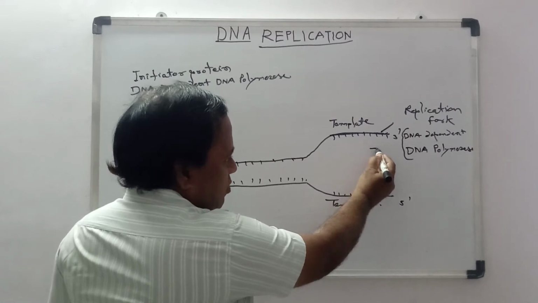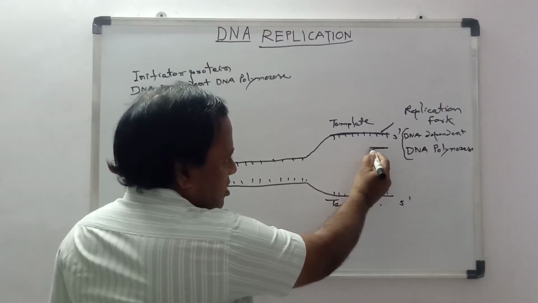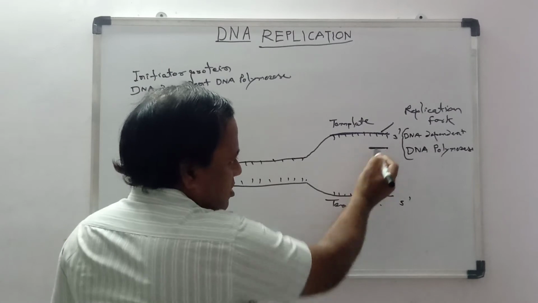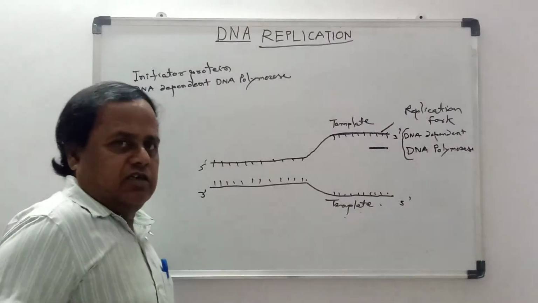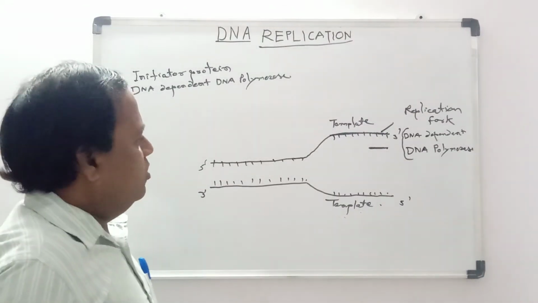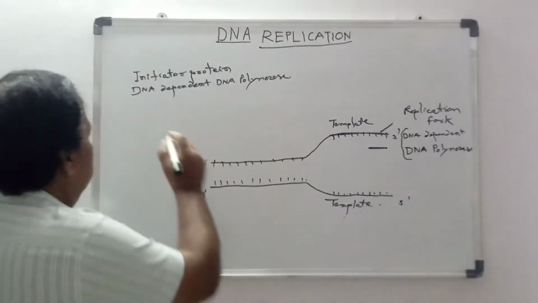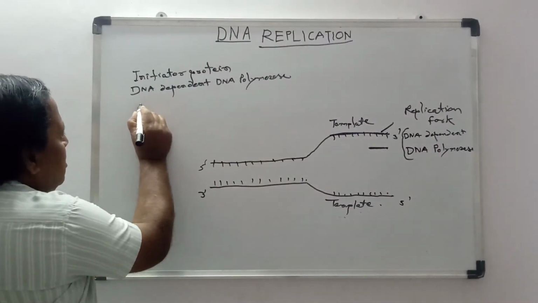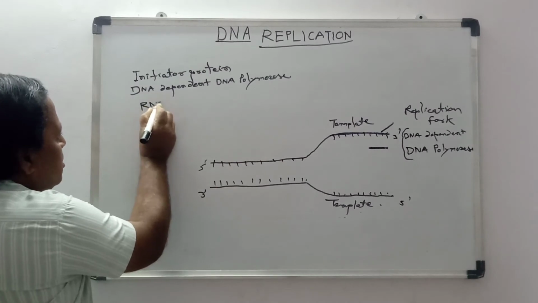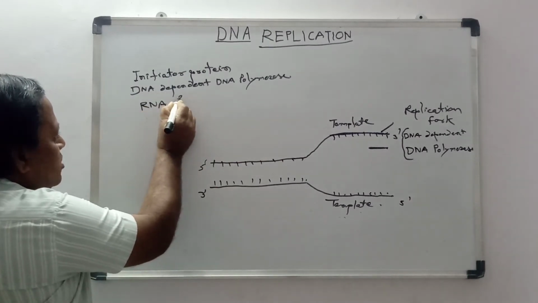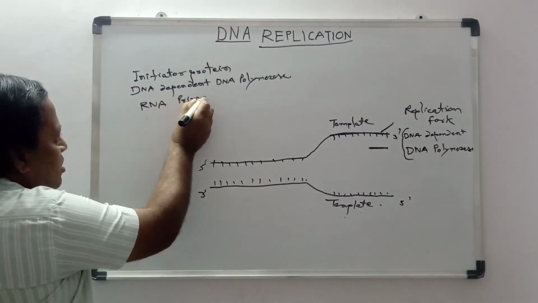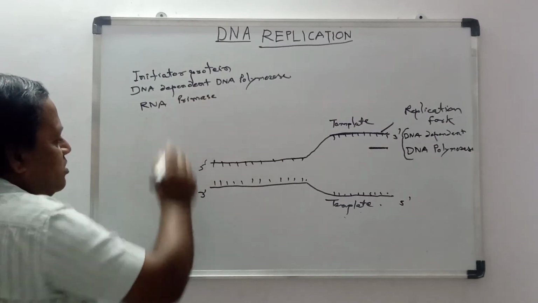Suppose this is the RNA primer, and this RNA primer is produced by the enzyme called RNA primase.